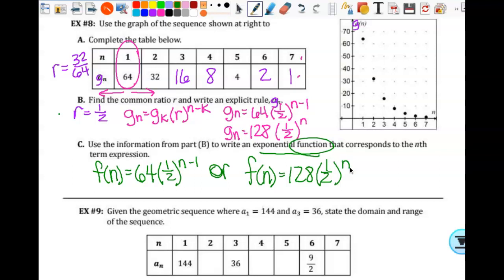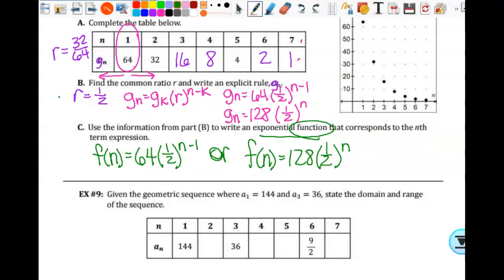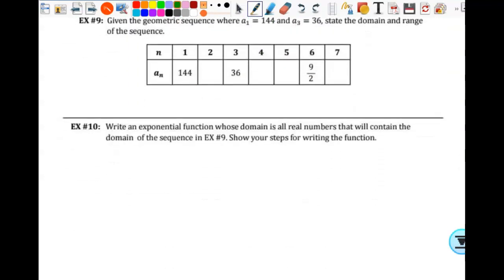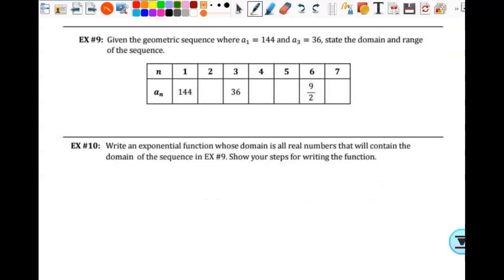Anything? All right. So let's look at this next one. It says, given the geometric sequence where this should be g sub 1 and g sub 3, and then this should be a g sub n here. So given the geometric sequence where you have these two values, we actually have a third one that's in there.